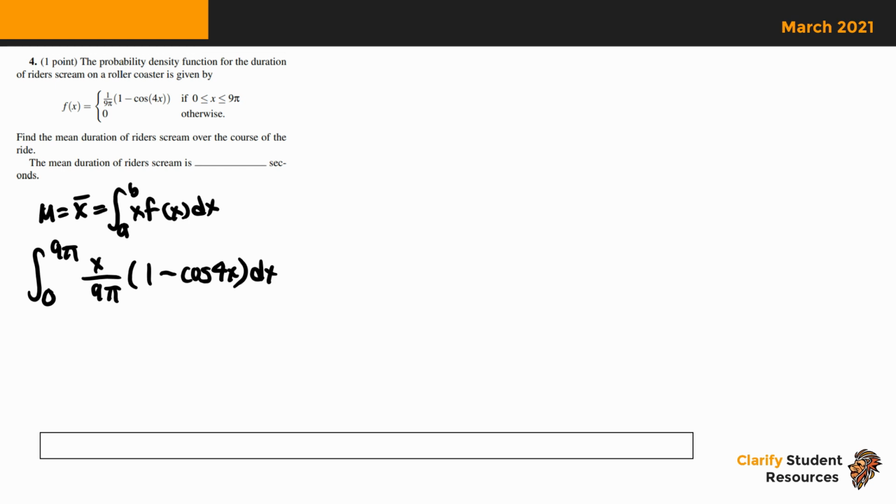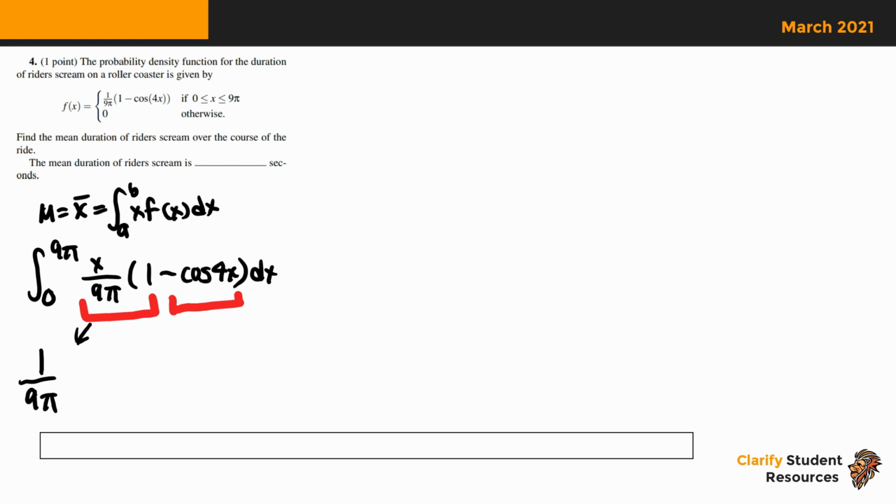Okay, so what we're going to see here is that we can actually split this integral up in two parts due to linearity. So we actually have two sort of integrals here that we can use to solve. So if we just solve for the first part, let's just factor out the 1 over 9 pi first. We're just going to see that we're going to be left with an x.